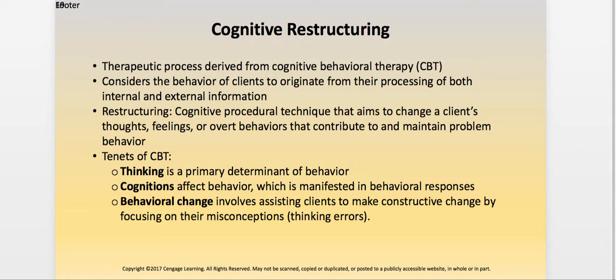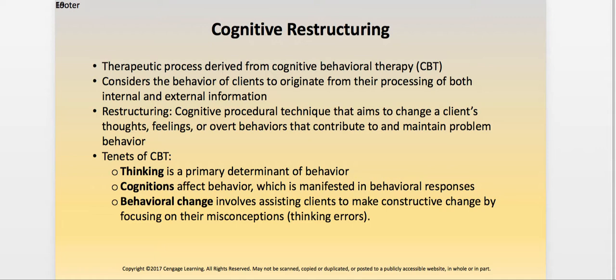This theory looks at our behaviors as originating from how we process internal and external information. The aim is to change thoughts, feelings, and overt behaviors that contribute to and maintain behavior.